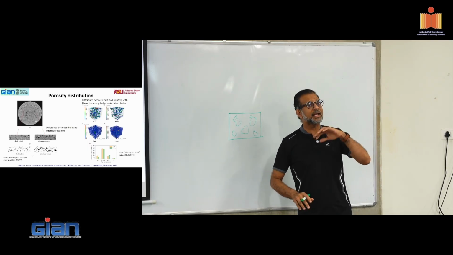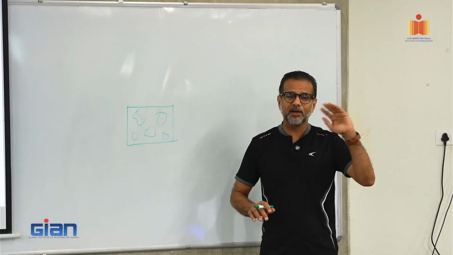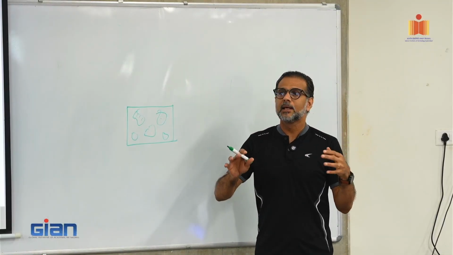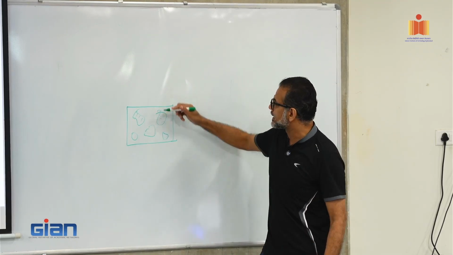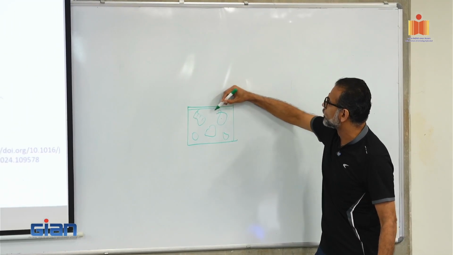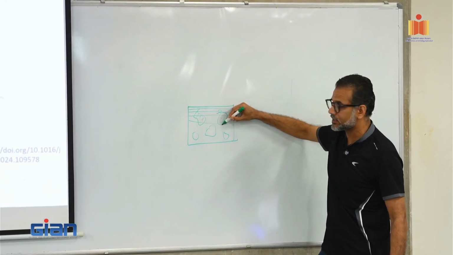But assume that I have no concept of even areas. One of the ways, and this was the first development when the computational tools were not very powerful, is that people simply drew lines across at predefined spacings.